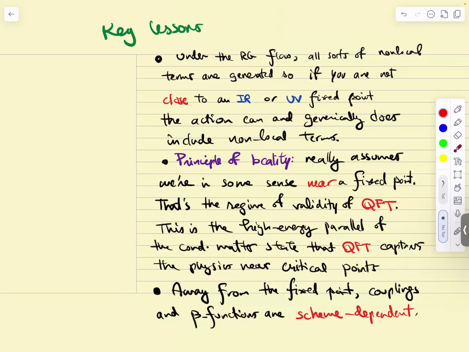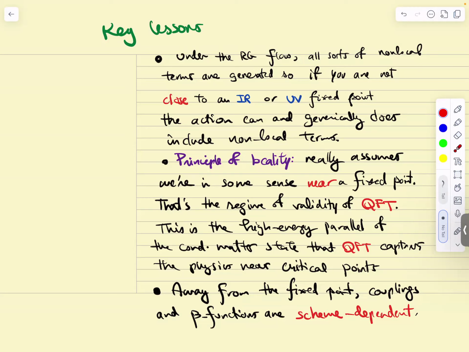You immediately realize that every time you write a dimensionless coupling, you better put a small value, because otherwise there's not much sense in including an order 1 coefficient in front of a local term. There are generically all sorts of non-local terms. Non-locality or almost locality is a feature near a fixed point. But this is good in a sense, because this is the regime of validity of quantum field theory.